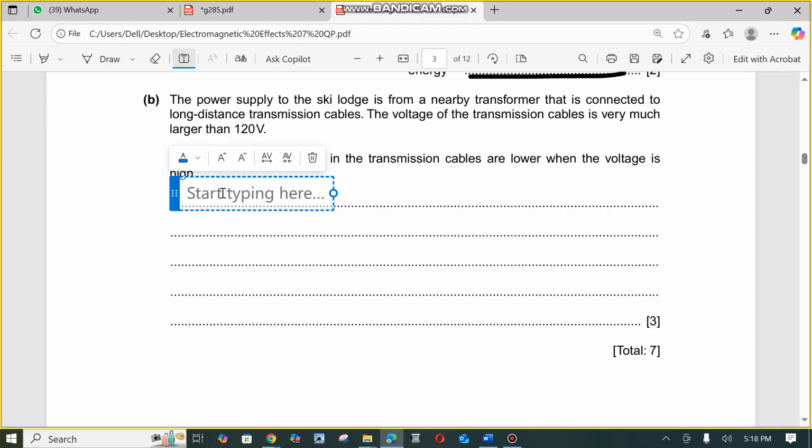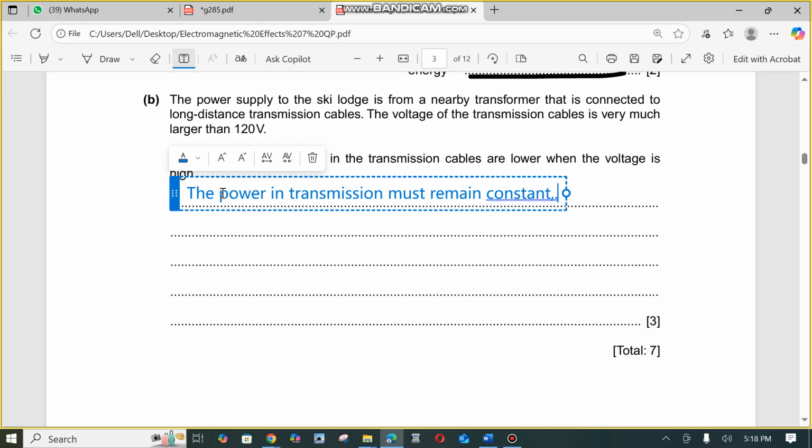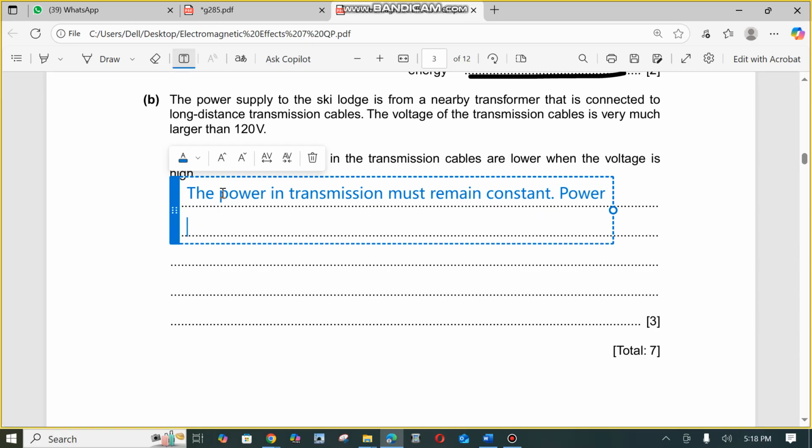Brilliant. Excellent. So basically, the power in transmission must remain constant. Power is the product of current and voltage.